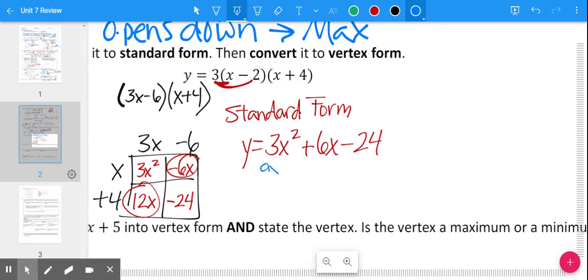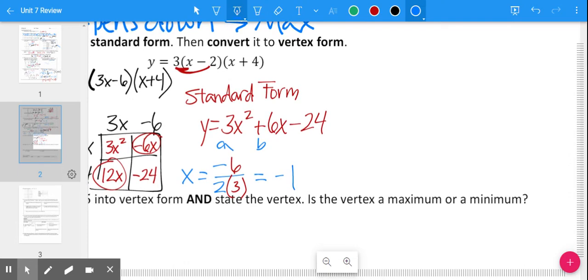So this is A, this is B. To find the x value, we do negative b, so negative 6 over 2 times a, which is 3. So negative 6 divided by 6 is negative 1. And when we plug that back into the standard form, it'll give us our y value.